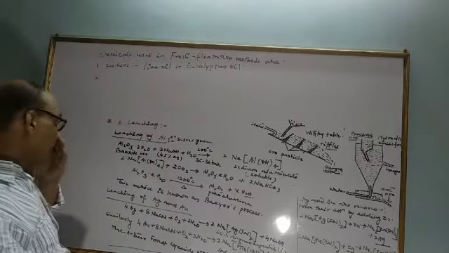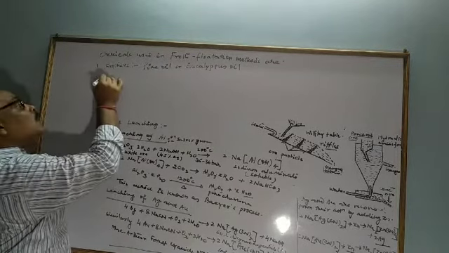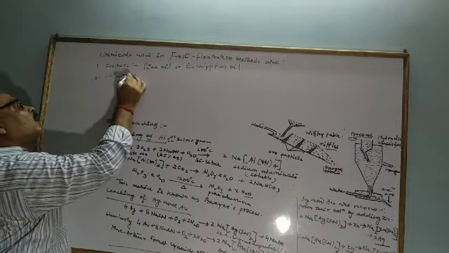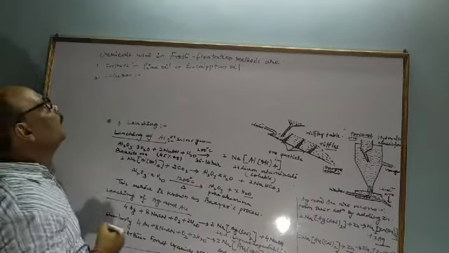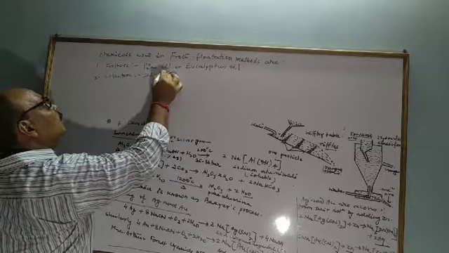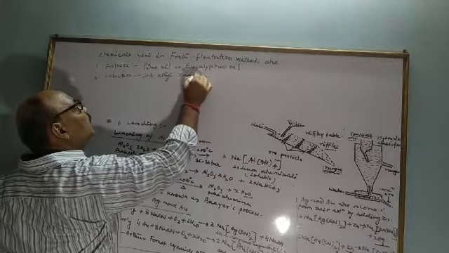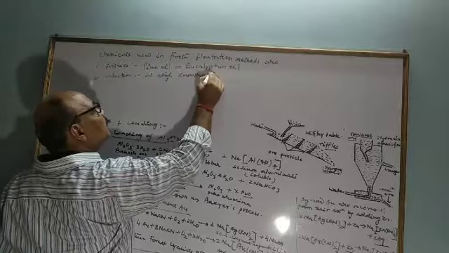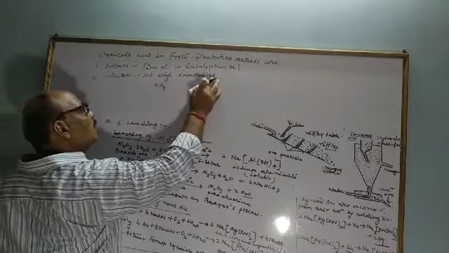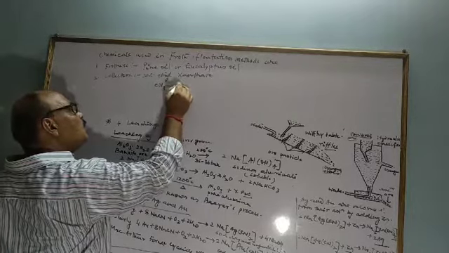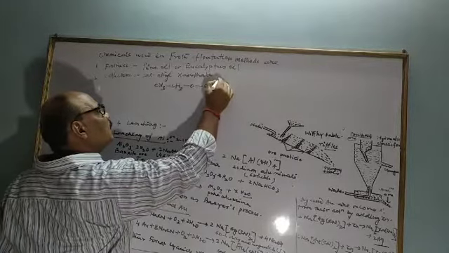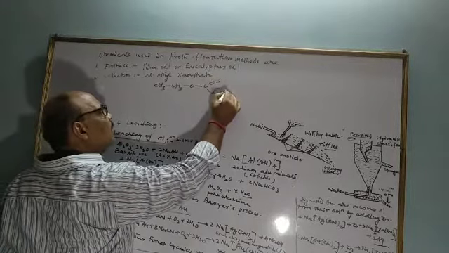Second one is the collectors, sodium ethyl xanthate, CH3CH2O C double bond S, here S minus Na plus.